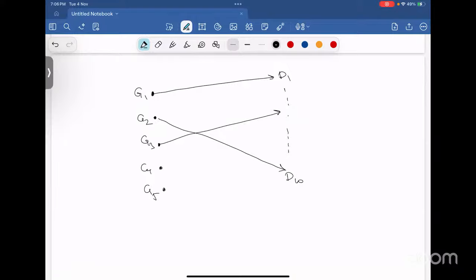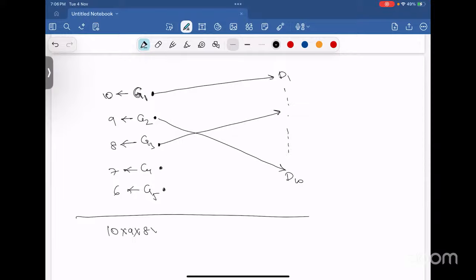So gift 1 will have 10 possibilities, whereas gift 2 will have 9, gift 3 will have 8, then 7, and 6. So the total possibilities are 10 into 9 into 8 into 7 into 6. That's it. You can write this as 10 factorial by 5 factorial.